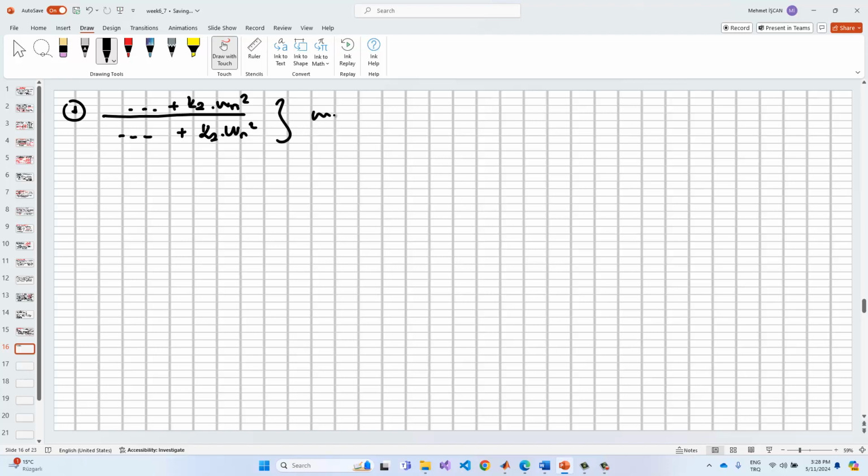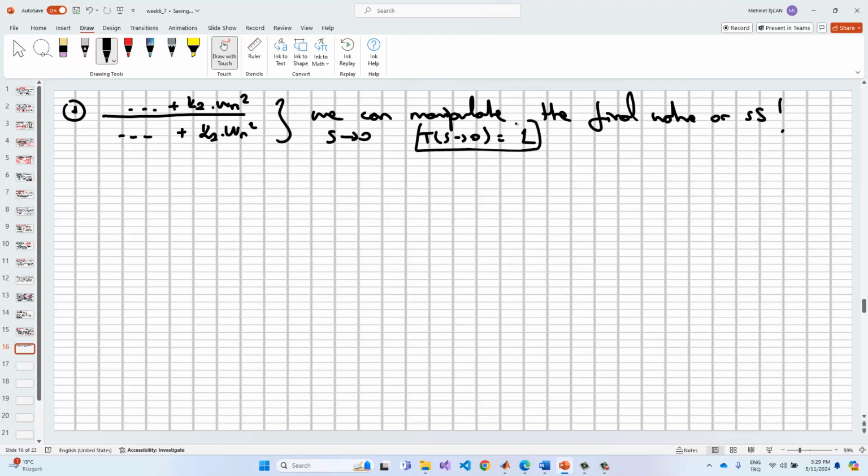And so, we can manipulate the final value or steady state in here, because at the last stage, if we assign s equal to 0, we have only these terms, and so K2 times omega_n squared divided by K2 times omega_n squared always creates T(s) going to 1, which means that if we apply step response, we will get the 0 steady state error.